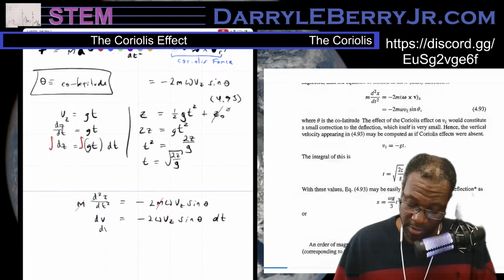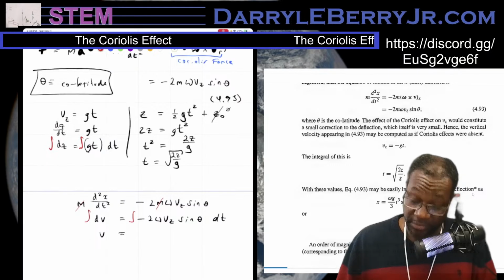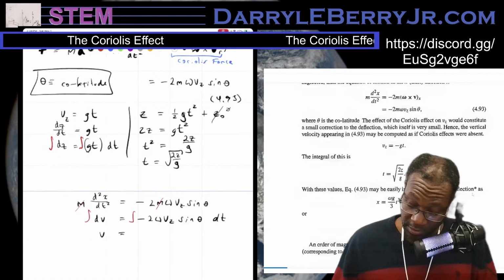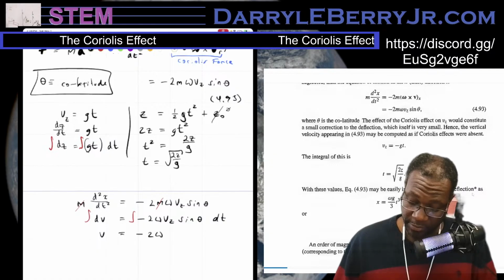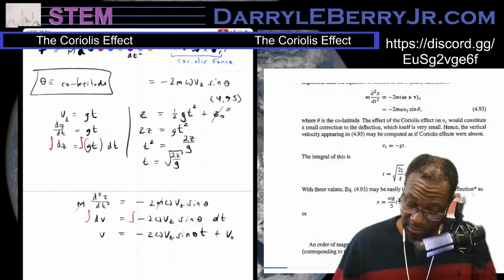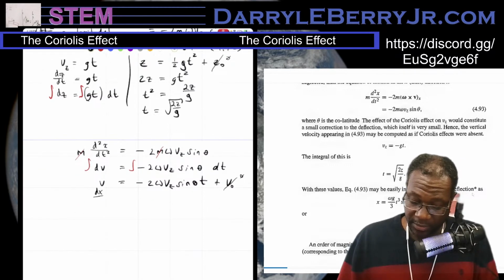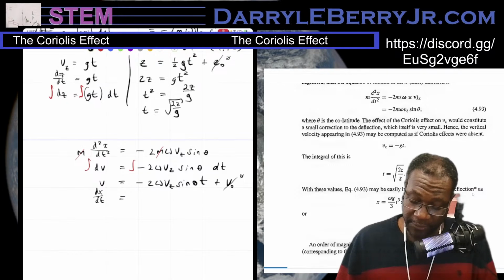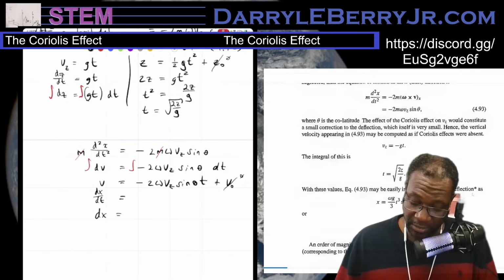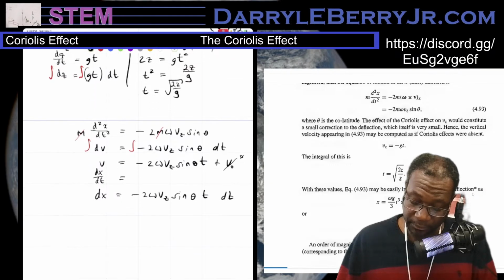We'll integrate both sides. They say it's easy, but we'll see. We have negative 2 omega vz sine theta t plus v naught, which we'll call 0. So then we have dx over dt equals that. So we have dx equals negative 2 omega vz sine theta t dt.